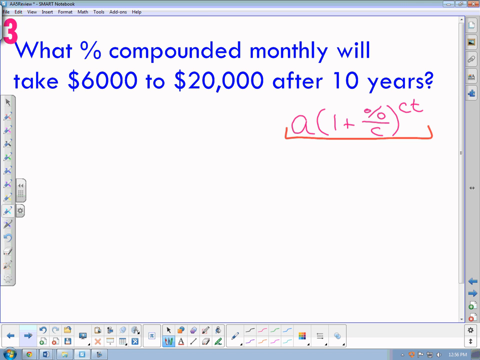So it's compounding monthly. So we know that the initial value is 6,000. It's 1 plus a percent over the compounds, and the compounds are monthly, so it's 12. And then if it's 12 times a year for 10 years, that's 120 compounds that are going to be happening in all. We are trying to find the percent, so x. And we know that this whole thing equals $20,000.